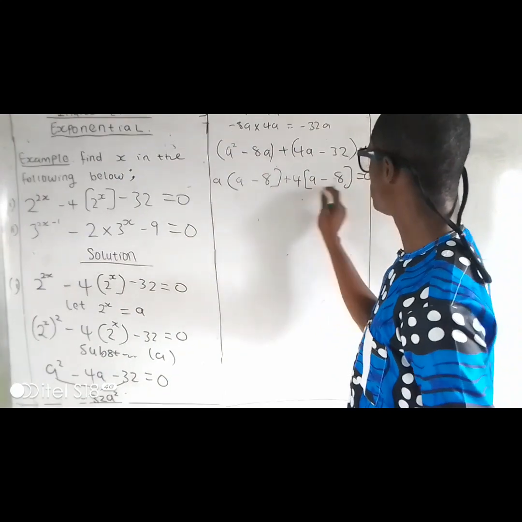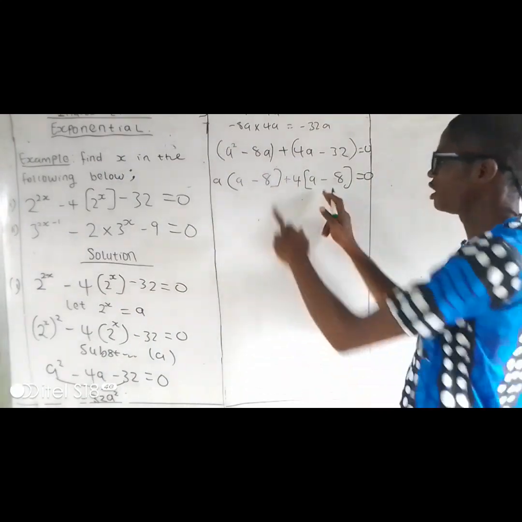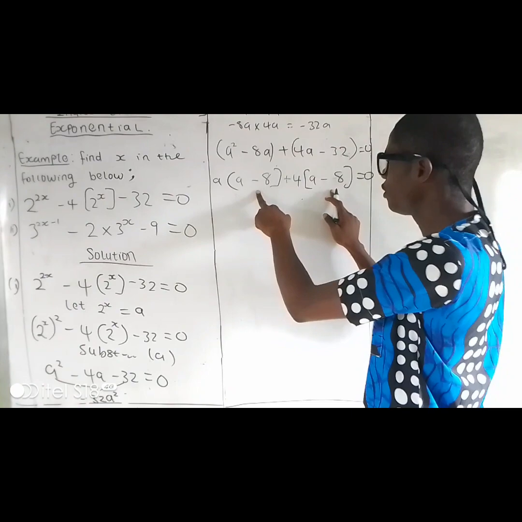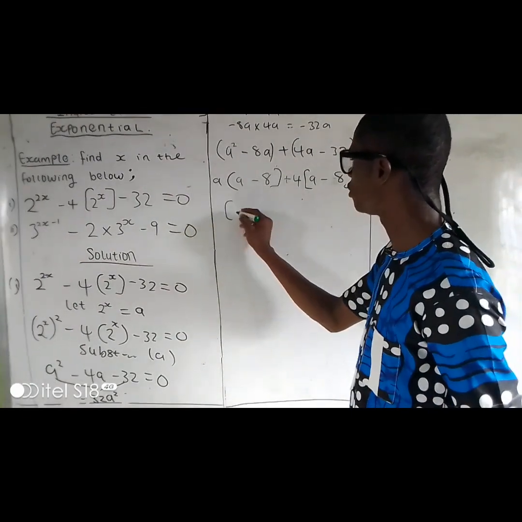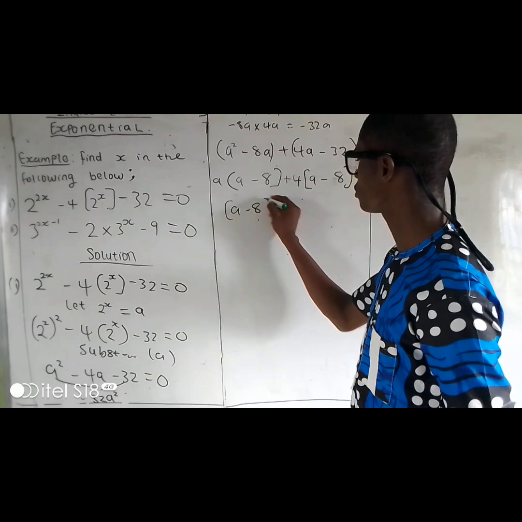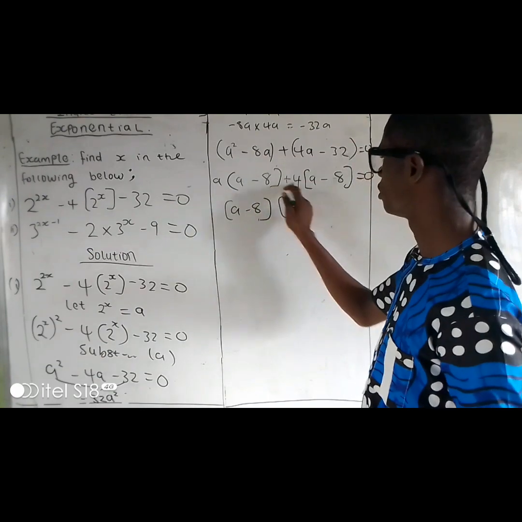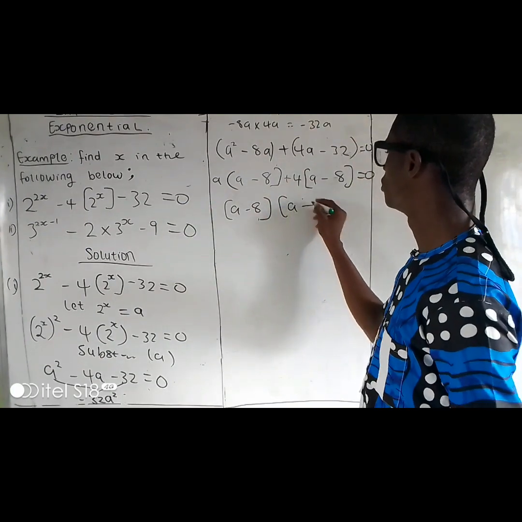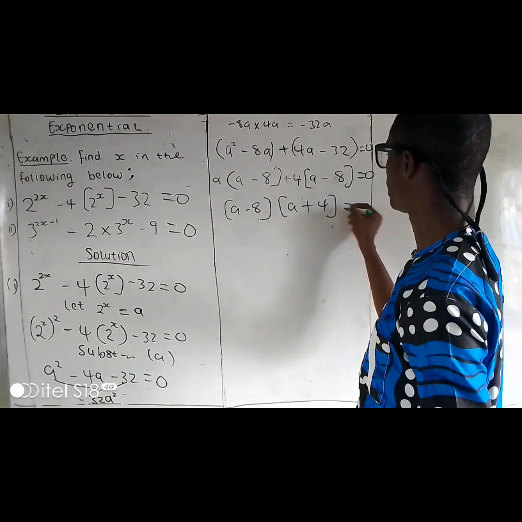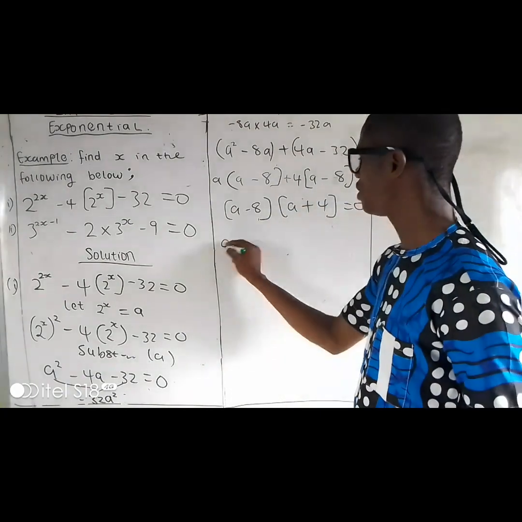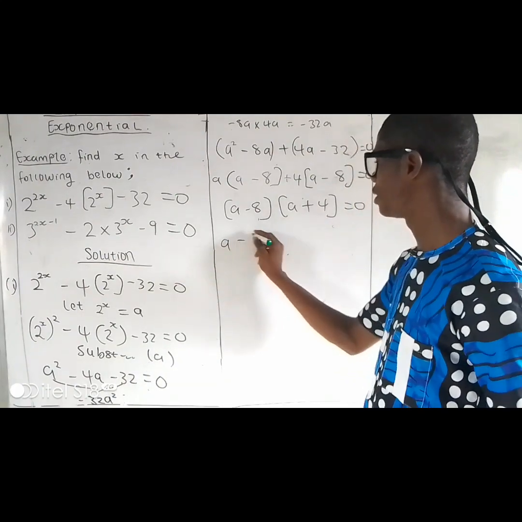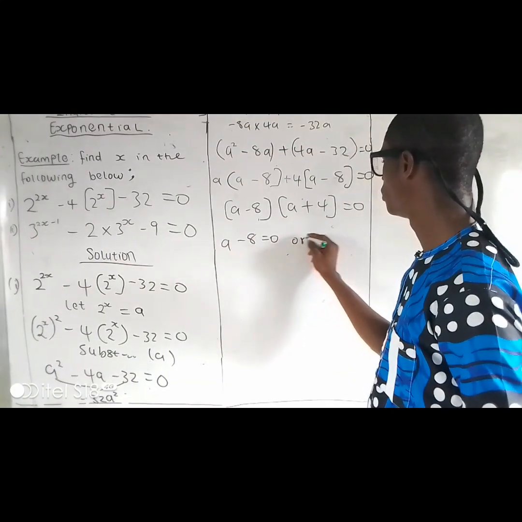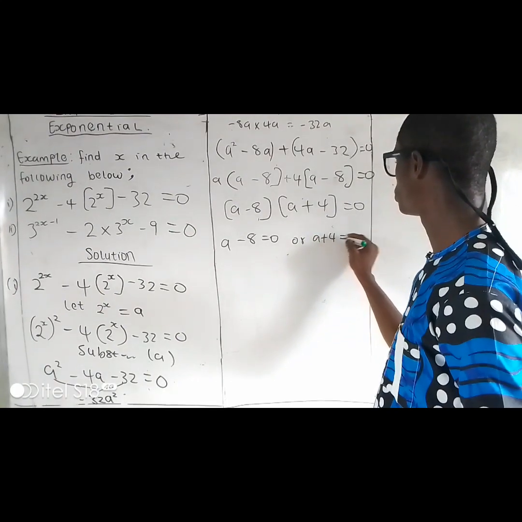So take note, whenever you are solving factorization, these two brackets must be the same. If not, the answer is wrong. So you bring out one of the brackets, and then the ones outside will come together to form their own bracket equal to 0. So we have a minus 8 is equal to 0, or a plus 4 is equal to 0.